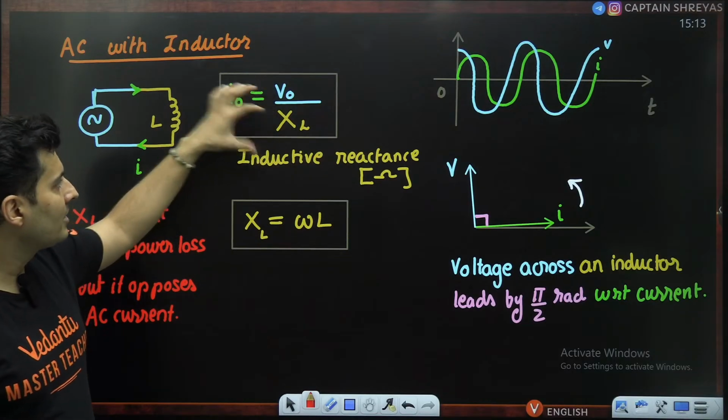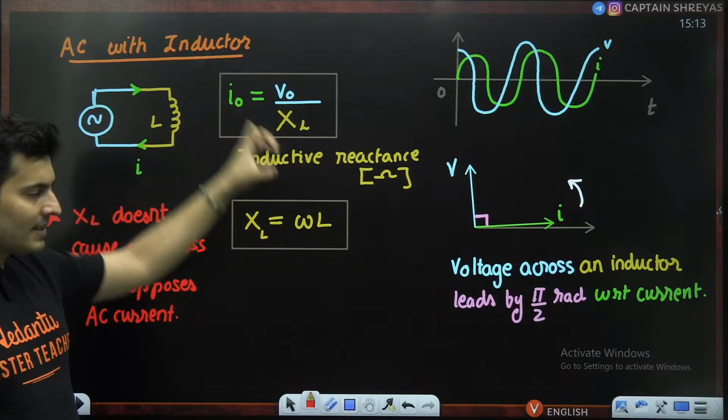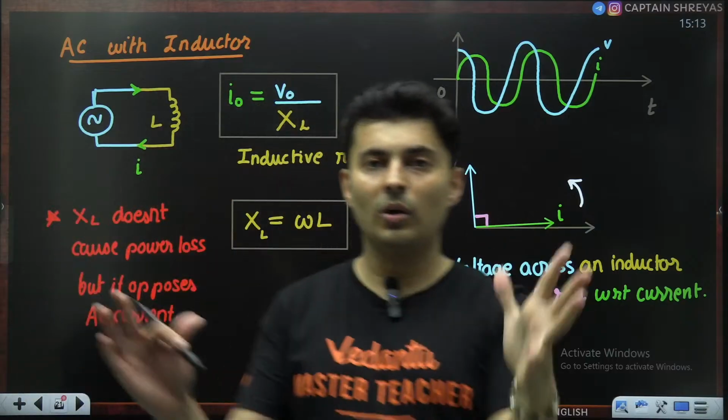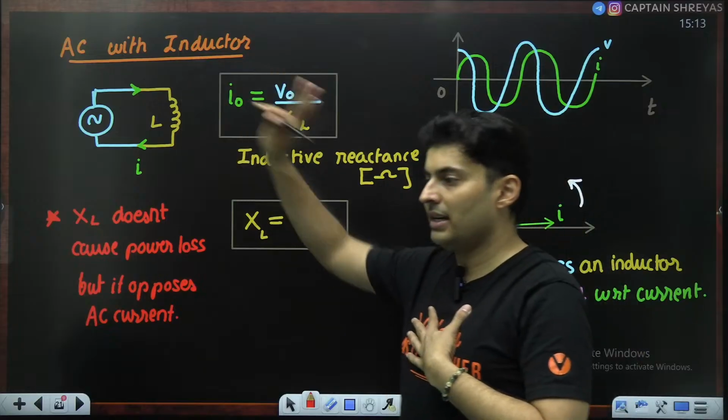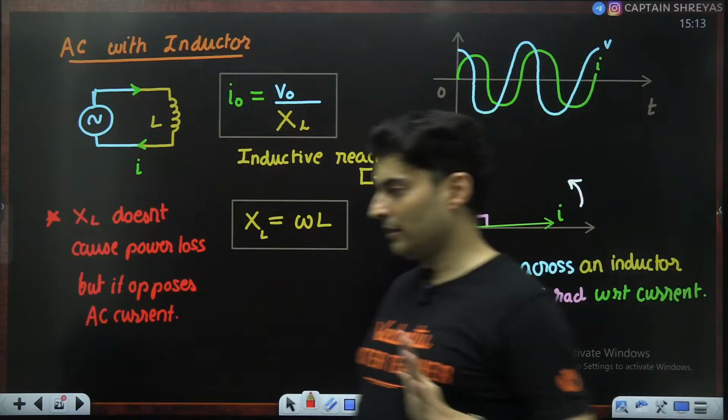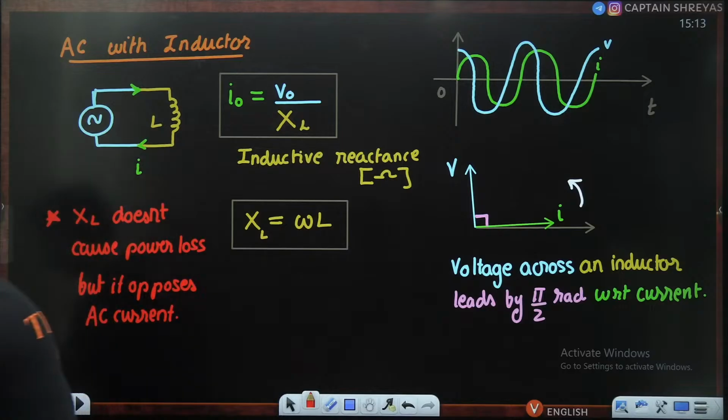If reactance is more, current will reduce, so it resists the current, but it is not going to cause any power loss because it will faithfully store the energy inside the magnetic field of the inductor. Okay, I hope this is absolutely clear.